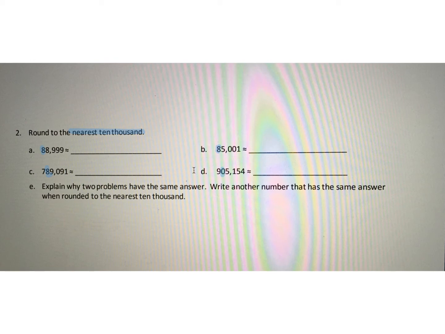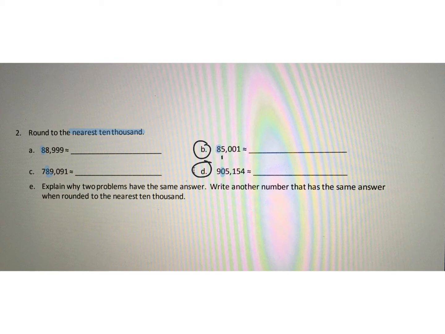So I'm going to come back and I'm going to do B and D for you, and then you're going to do A and C, just like before. When I look at D and I think about 8, it's either going to be 80,000 or 90,000. So I look to the right and I see that my 5 is here. And so it's a little bit above 85,000.